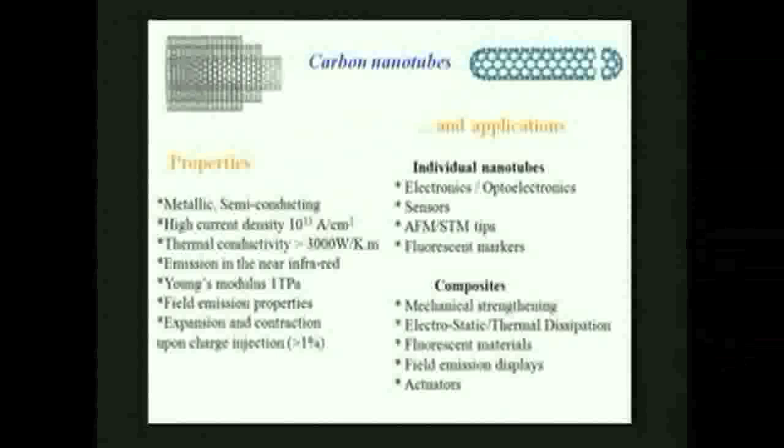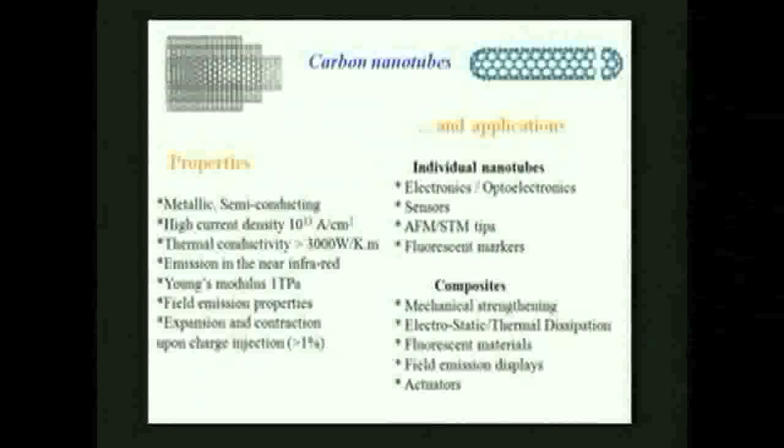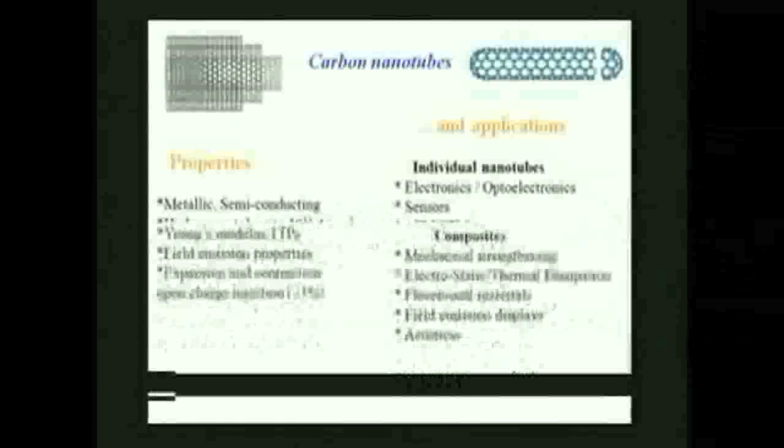And then you can shift at a larger level, at the level of the macroscopic world, and you can use them as fillers in composites. Once again, you can use many of their properties and try to transfer these properties to different kinds of matrices. The most used matrices are polymer matrices, but we can also prepare nanotubes dispersed in metal matrices, or in ceramic matrices, glass matrices.